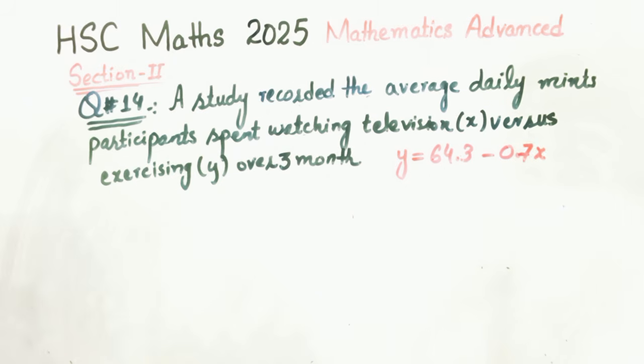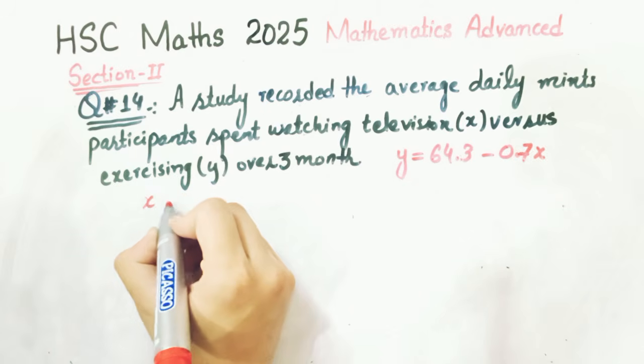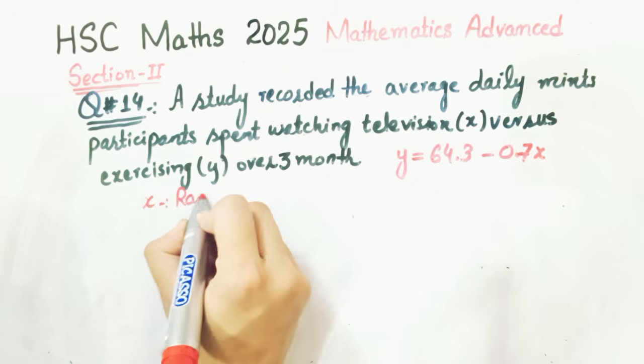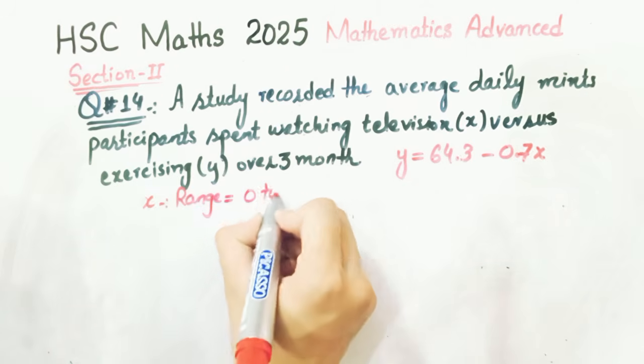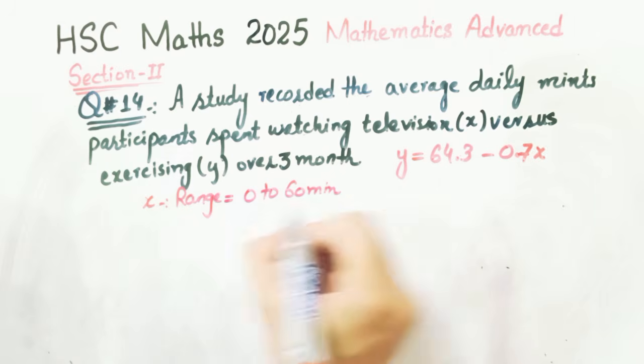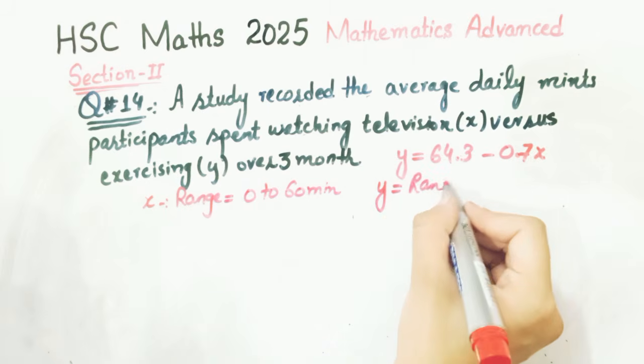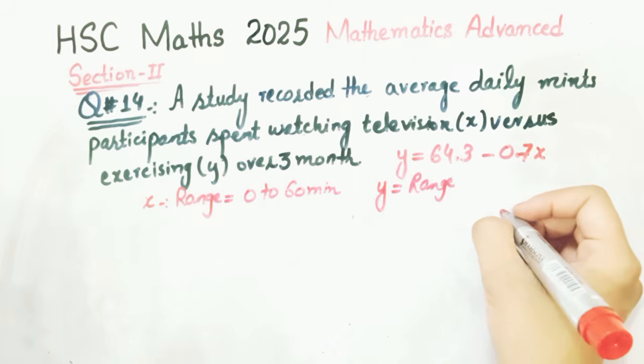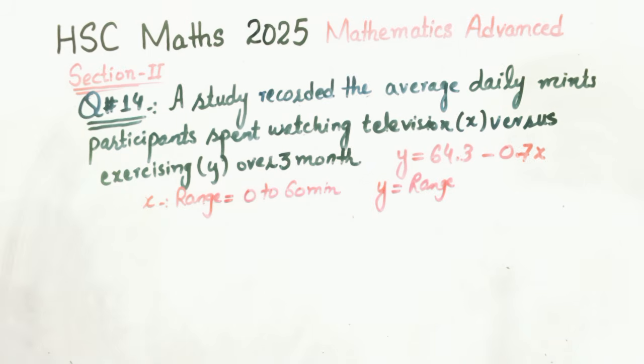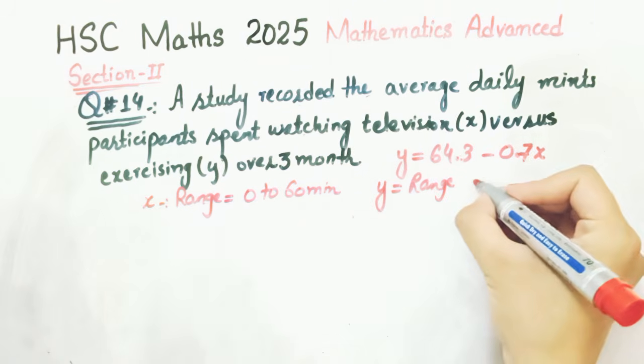The X range is 0 to 60 minutes, which is the time for watching television, and the Y range is 0 to 80 minutes.